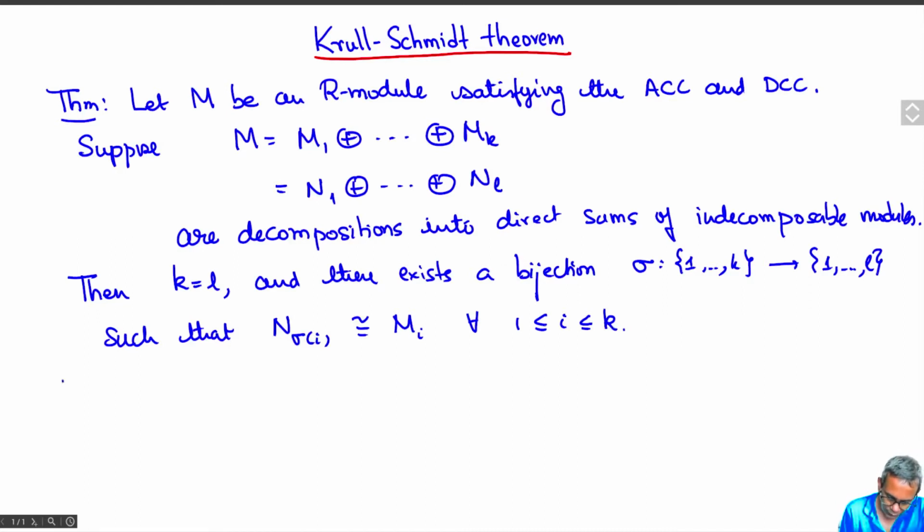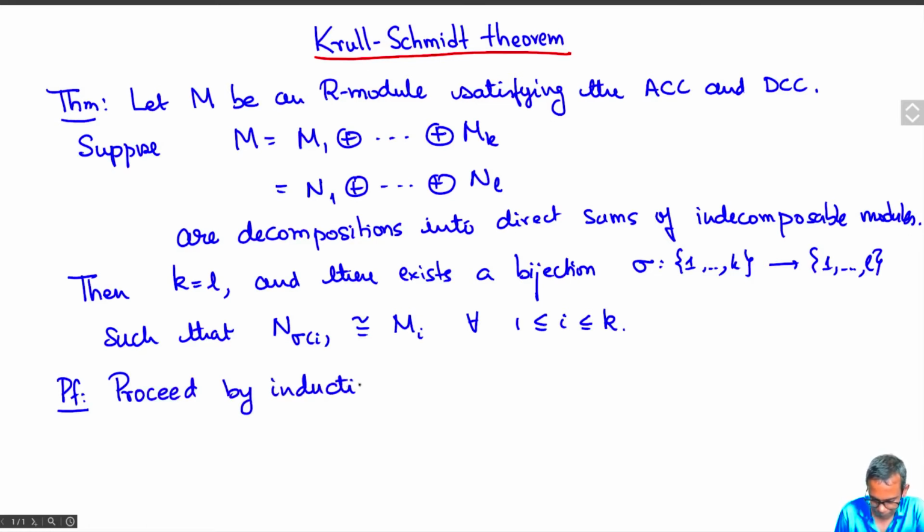The proof will use the locality of the endomorphism algebra and also use the calculus of projections. So the proof will proceed by induction on K. If K equals 1, there's nothing to prove.